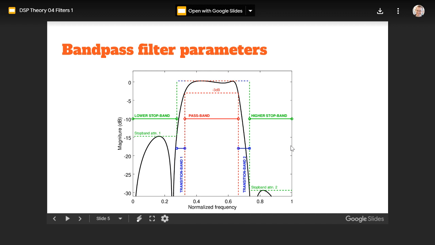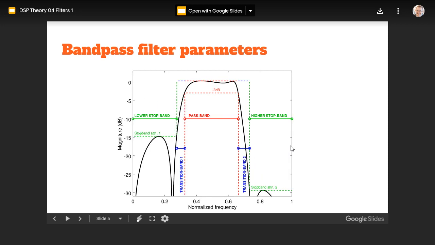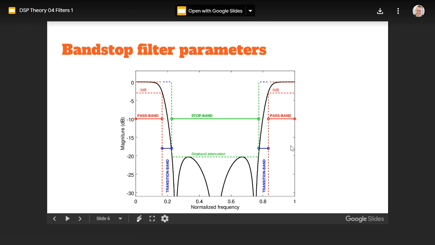So this could be different. The one stop band attenuation could be higher than the other one, but that depends on the application. And of course, those transition bandwidths can be different. So it has more than just two parameters that are setting these specifications.